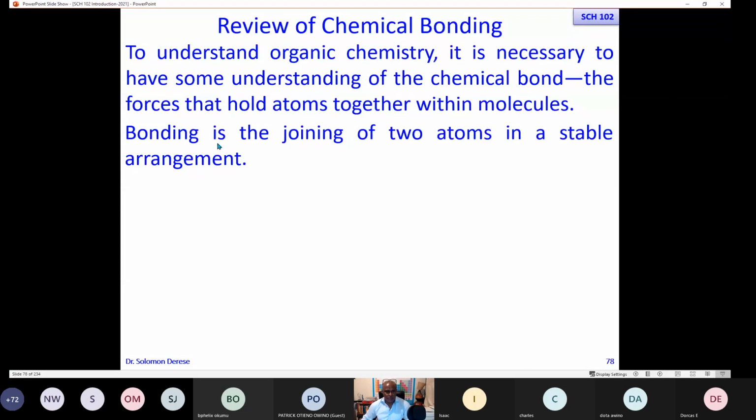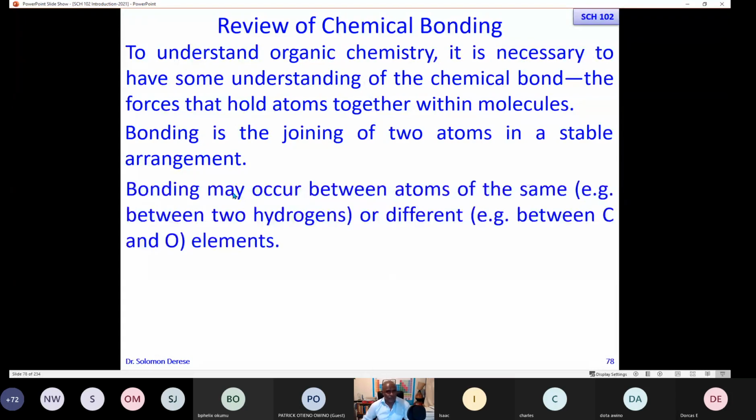The reason why a bond is formed between elements is that, as a result of the bond formation, there is going to be a stable arrangement of atoms. Bonding, as you know, may occur between atoms of the same element, for example between two hydrogen atoms, or it can happen between different atoms, for example between carbon and oxygen.